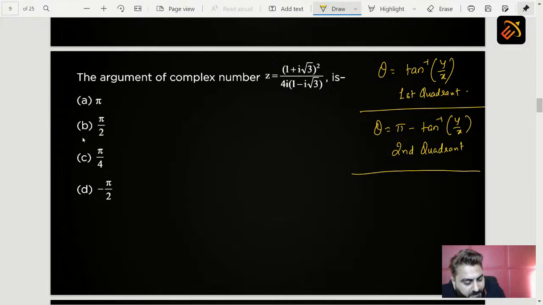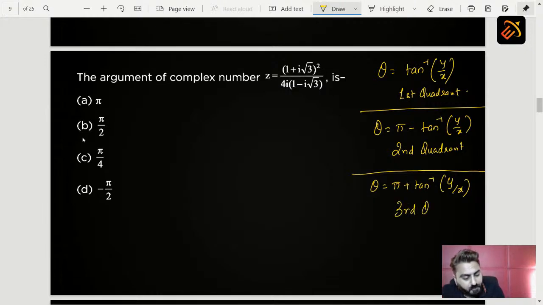What if your complex number lies in your third quadrant? Third quadrant means x negative, y negative. So here it will become pi plus tan inverse y by x, and this is the value of amplitude for your third quadrant.